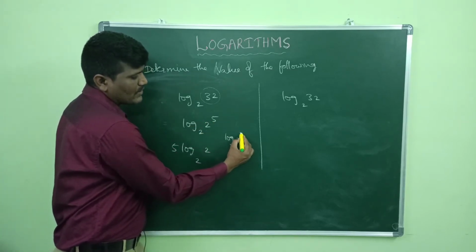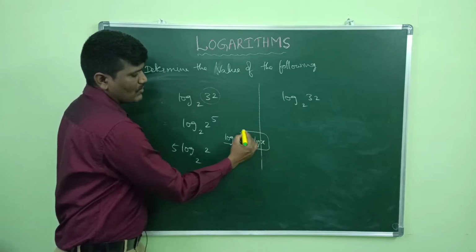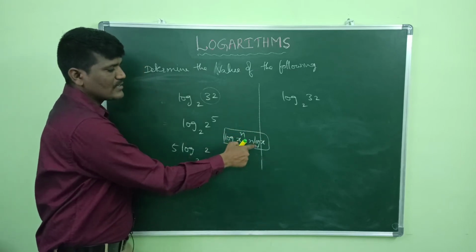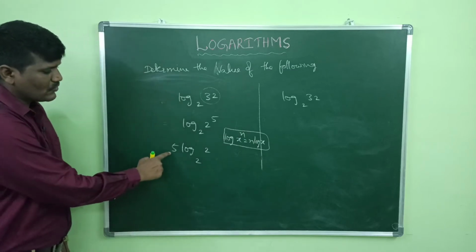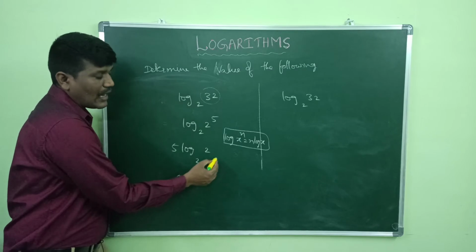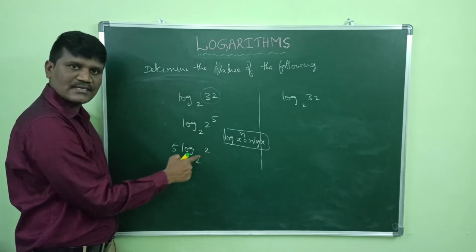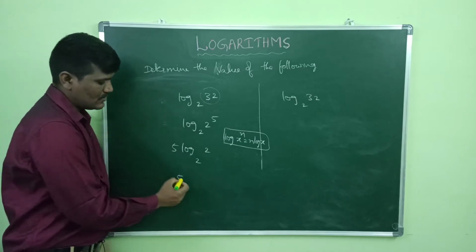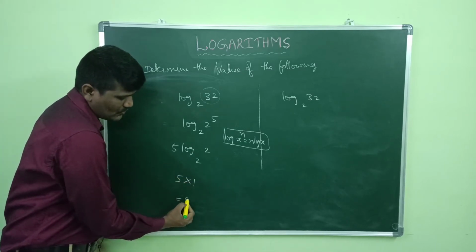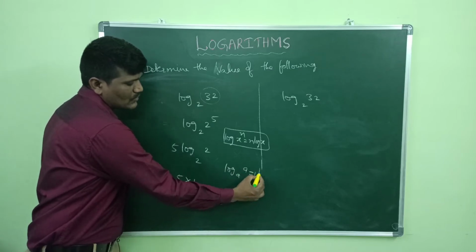Log x power n is equal to n log x. This is the formula I used. So 5 log 2 to the base 2. And next I know that log a to the base a, where the log value and base are both the same, the value will be 1. So 5 into 1 is equal to 5. So log a to the base a is equal to 1.